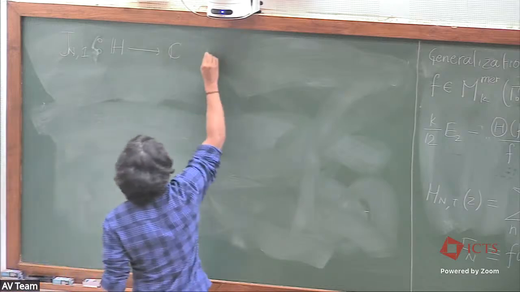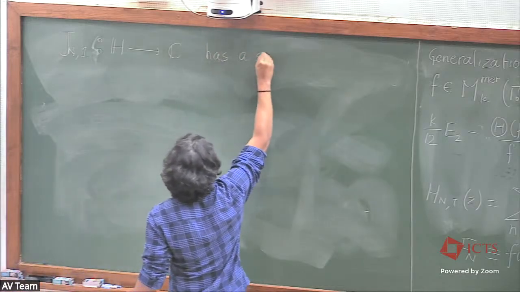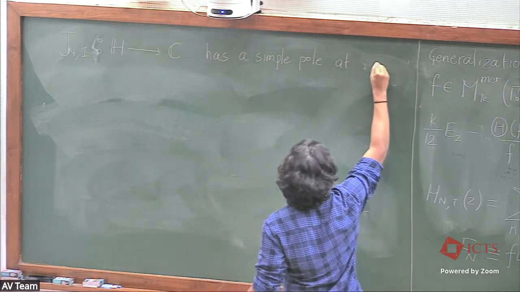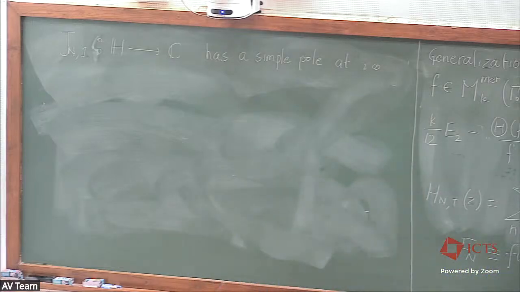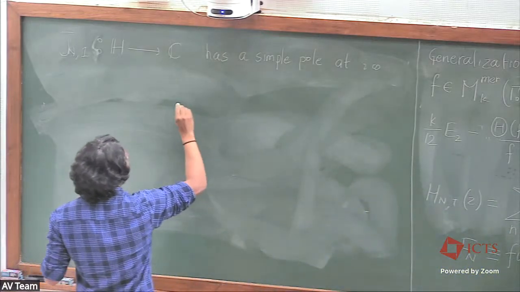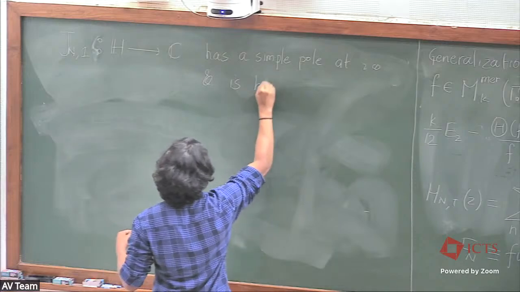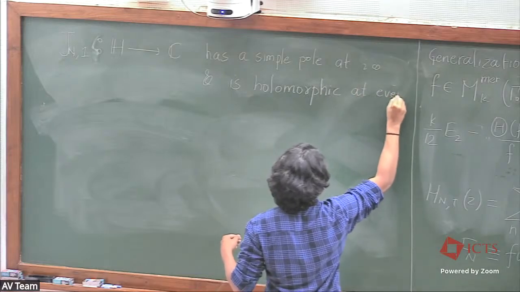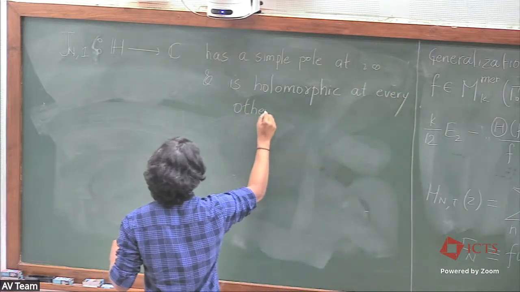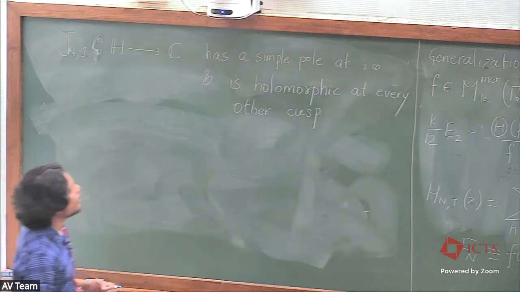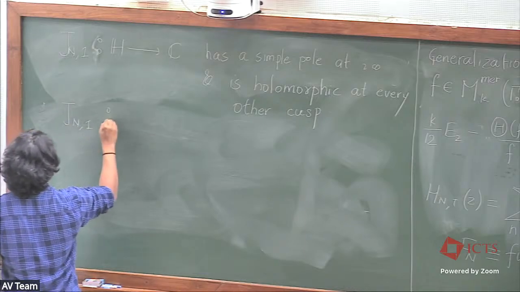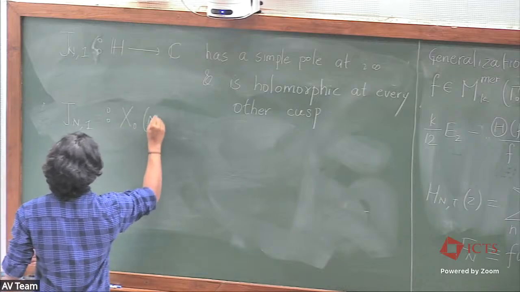And of course, I have assumed that this is holomorphic on H. So it has a pole at i infinity, and now once we have this, we can consider this function as a function between compact Riemann surfaces.